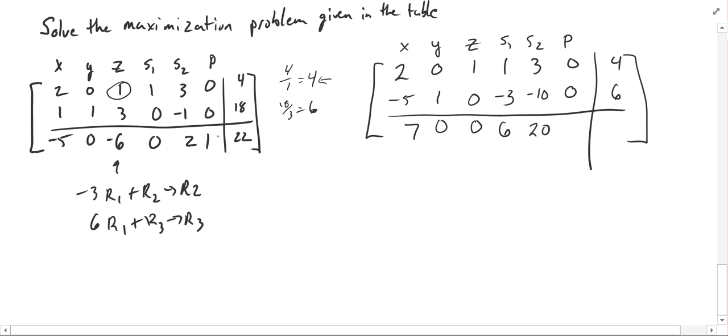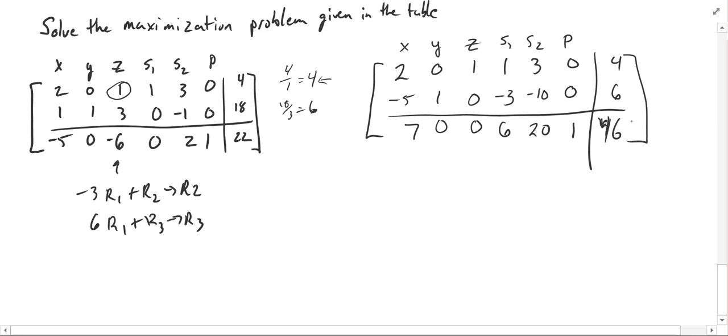And then 6 times 0 plus 1 is 1. And 6 times 4 is, sorry, 24. Add it to the 22, and that will take us to 46.